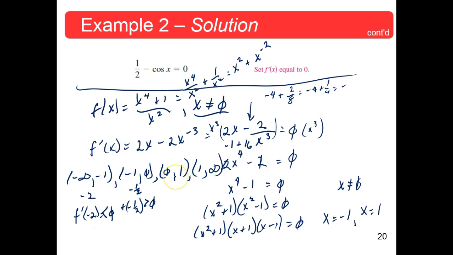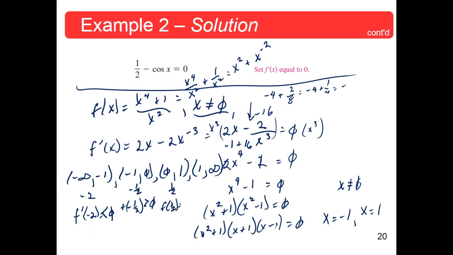Okay. Now, how about what's the number between 0 and 1? 1/2. And f prime of 1/2 would be, well, this would be 1. And then this would be a minus 16, wouldn't it? No, yeah. Okay.